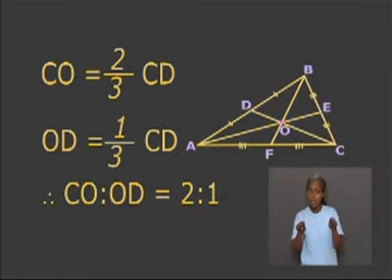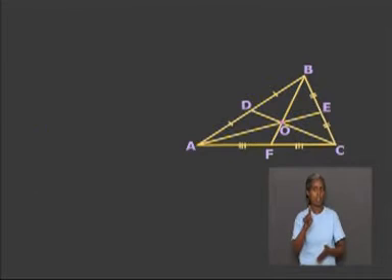Segment CO is 2/3 of the length of segment CD. OD is 1/3 the length of CD. Therefore, the ratio of CO to OD is 2:1.